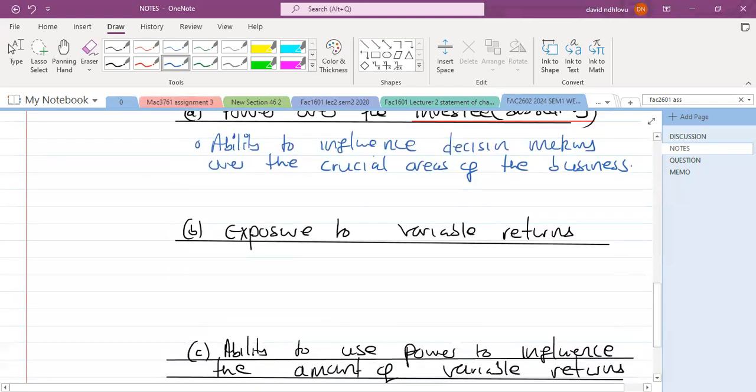Then we are saying, you must be exposed to variable returns. Remember, if you invest in something, you get a return. For example, if you issue a loan to somebody, they will pay you interest, that's a return. If you buy shares in another company, what you get in return is what we call dividend income.